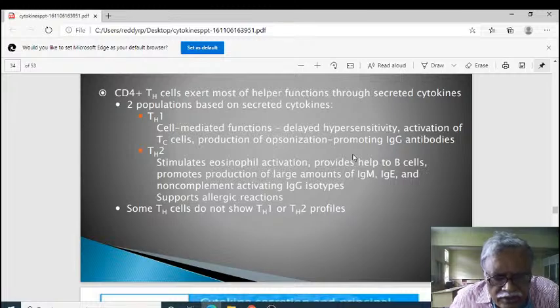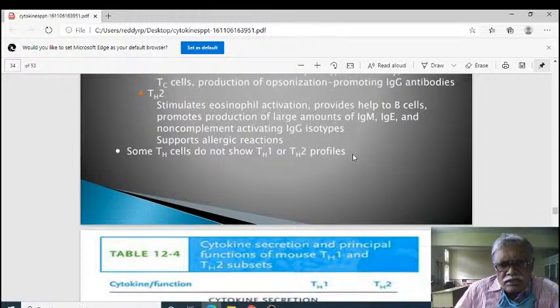Some CD4 cells do not show T helper 1 or T helper 2 profiles.